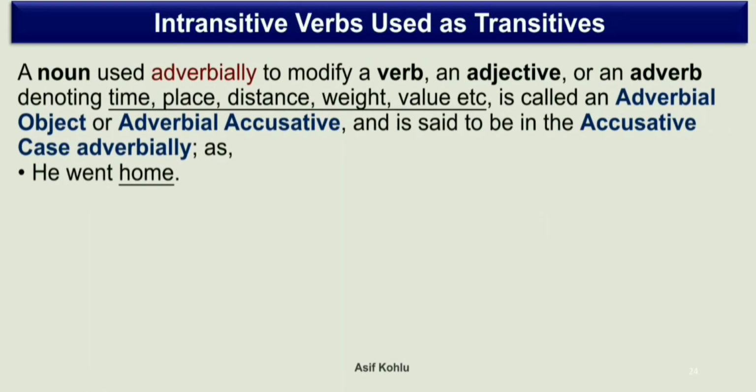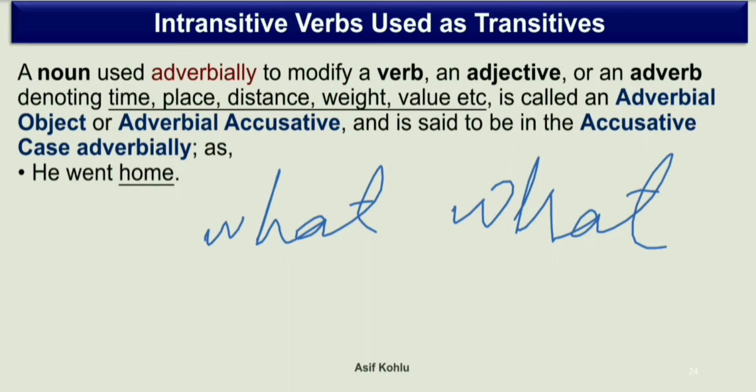The example is: he went home. Actually, home is a noun as a part of speech. If we make a question, he went what? Went what is a strange question, and home doesn't give the exact answer of what.